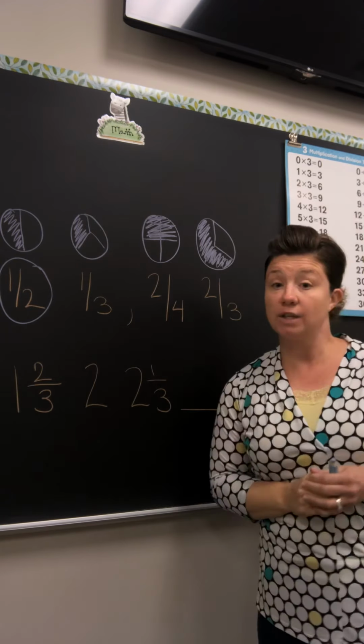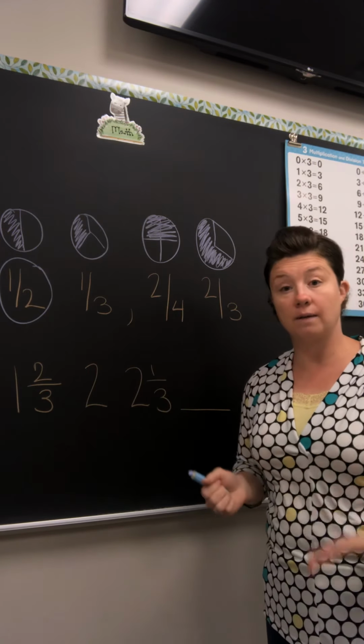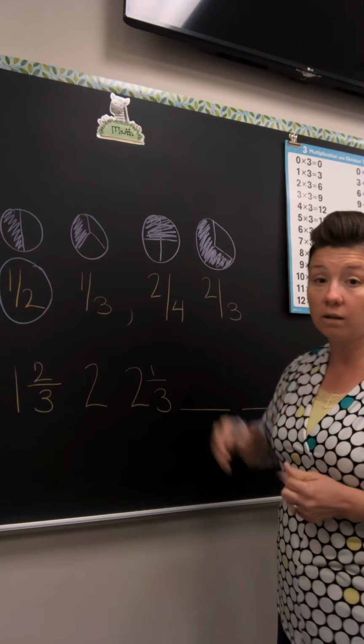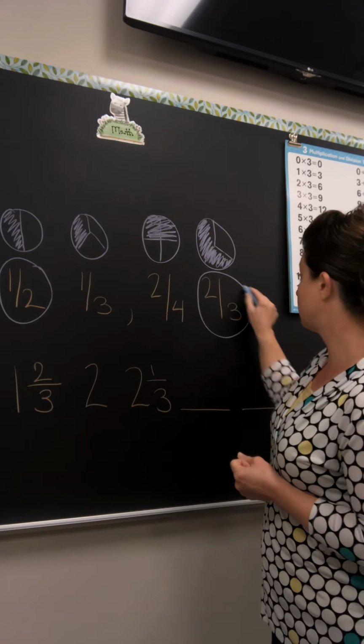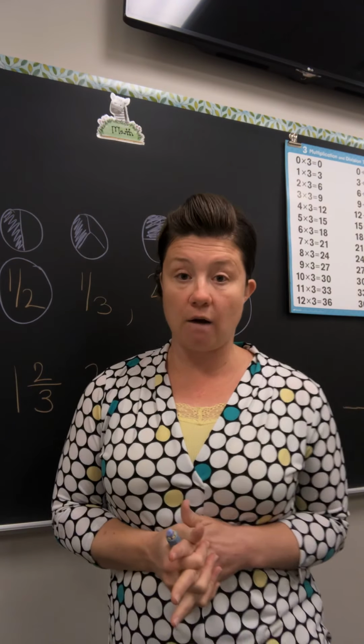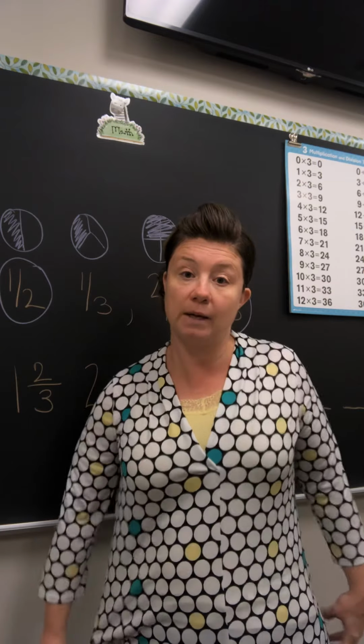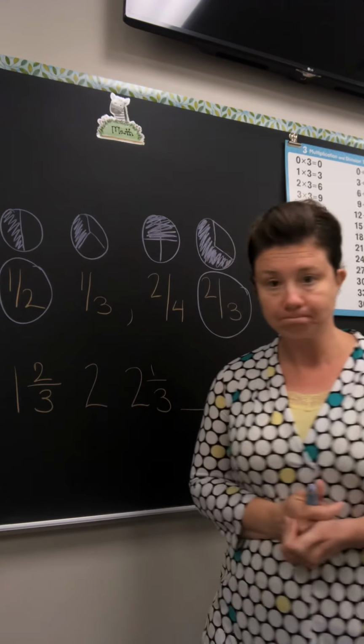So which fraction is bigger, 2/4 or 2/3? Well, if I look at my pictures, I've got more colored in on 2/3. So 2/3 is my bigger number, okay? So sometimes if they're having us compare fractions and you're not sure which one it is, go ahead and draw yourself a little picture and it'll help you see that, okay?